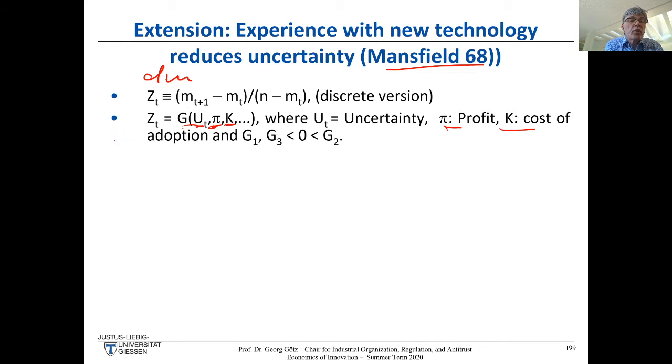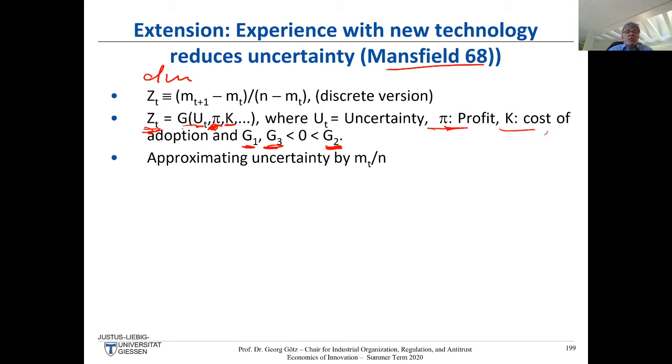And of course, more people will adopt the innovation if profits go up. That's our G2, the derivative of Z with respect to the second argument here. And if costs go up, fewer people will adopt the new technology. And if uncertainty increases, also fewer people will adopt the new technology. Okay, and what Mansfield did is ask what is uncertainty.